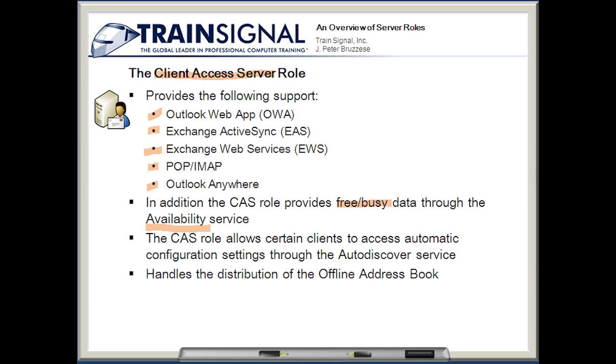Now, free busy data, that's something that we may have heard in previous versions of Exchange, and we may never have understood what it means, free busy. But it's basically a simple term to describe availability, and so they changed the name. The availability service provides consistent and up-to-date information on things like a worker's calendar and meeting schedule, information about services that are available.